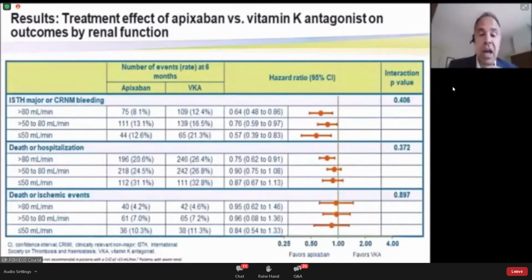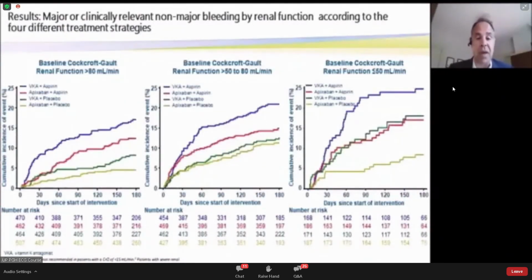So even amongst renal dysfunction patients, chronic kidney disease, we see consistent benefits of apixaban.